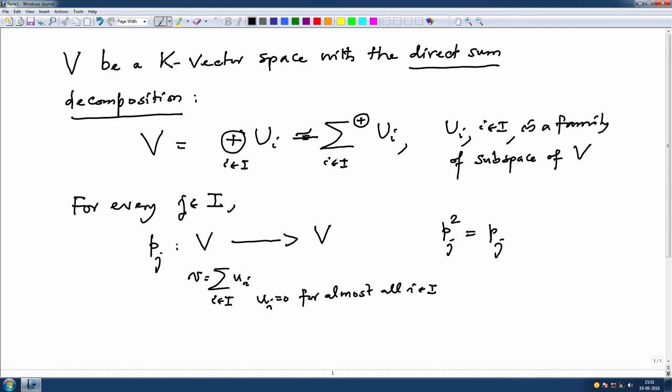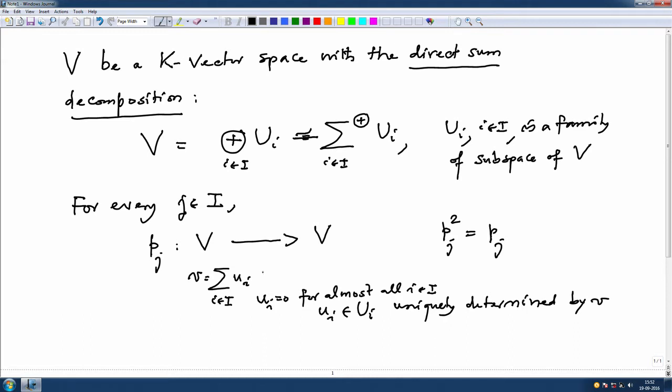Then you do not have to keep writing this sentence for almost all, that is understood. So, these ui, with ui belonging to Ui, are uniquely determined by v. That is the meaning of V as a direct sum decomposition.